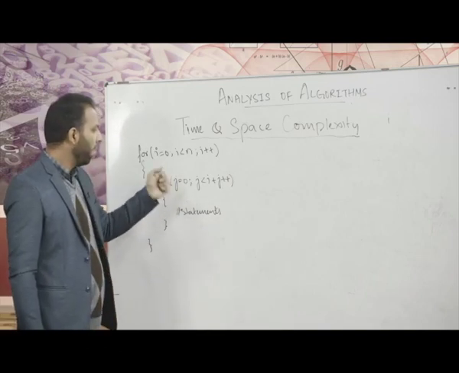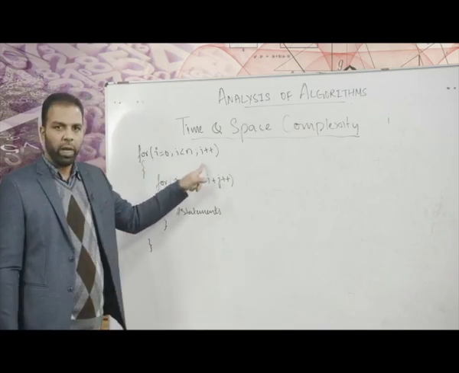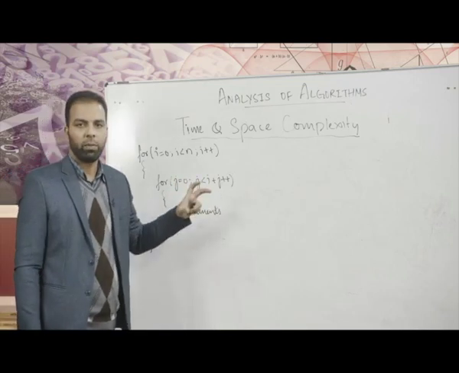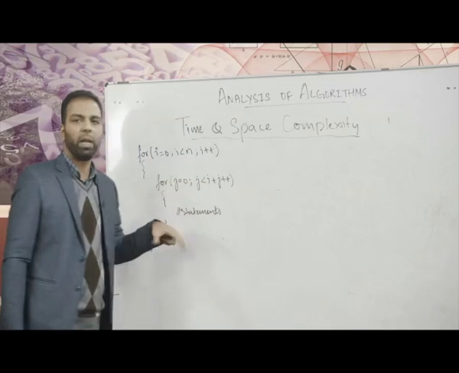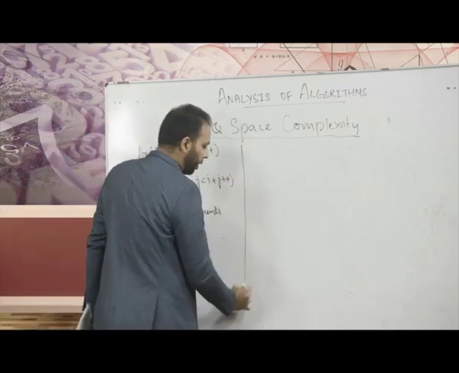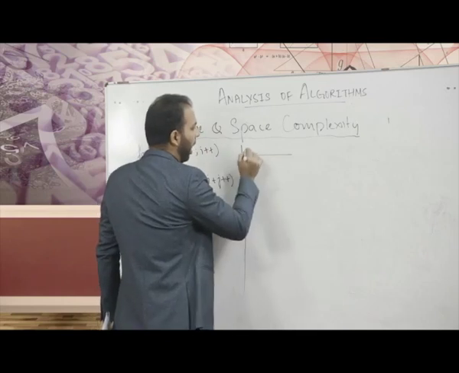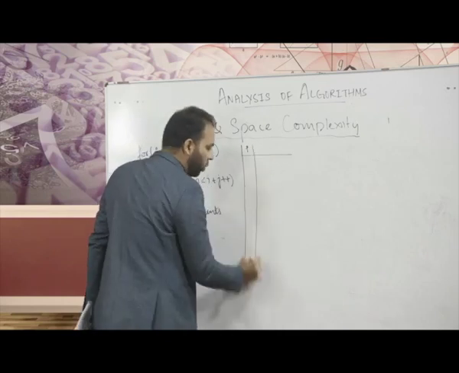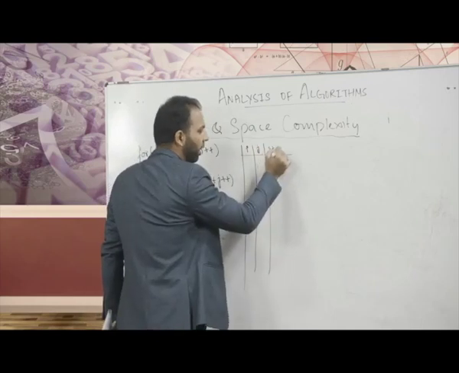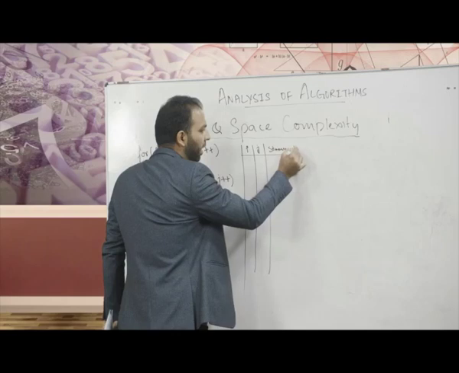If we look here, the outer loop is going from 0 to n, fine, but the inner loop is going from 0 to i. So there's a catch. You have to actually see how many times it will be executed. So I simply draw a small table: I see the values of i, the values of j, and how many times the statements will be executed.